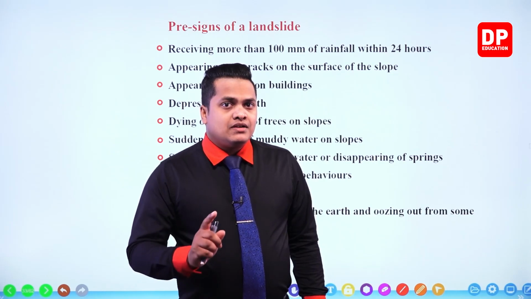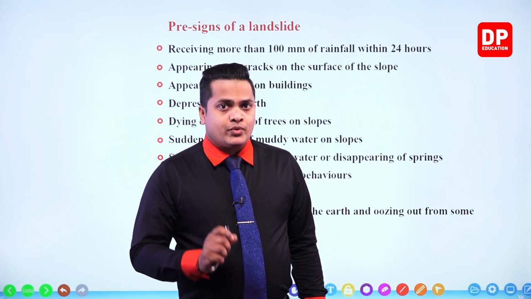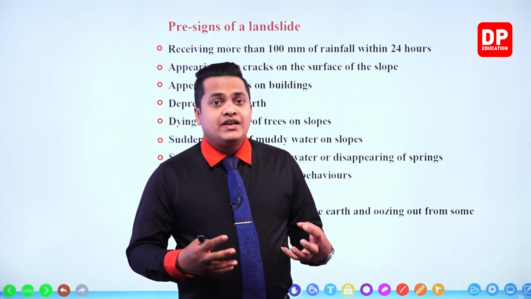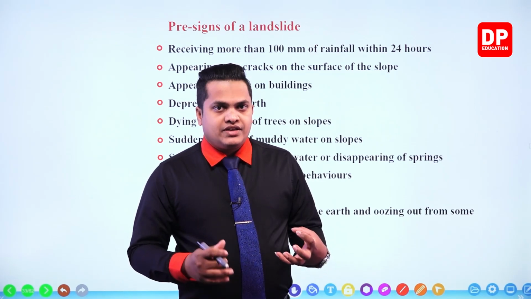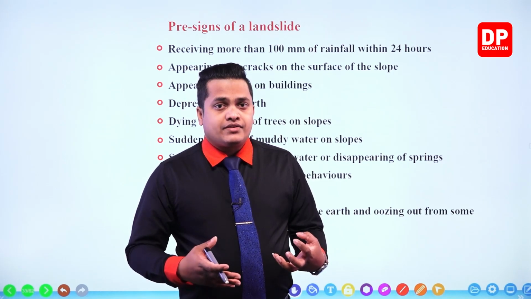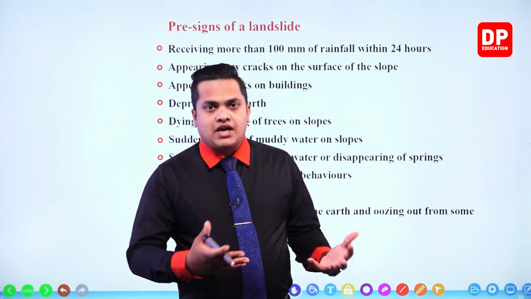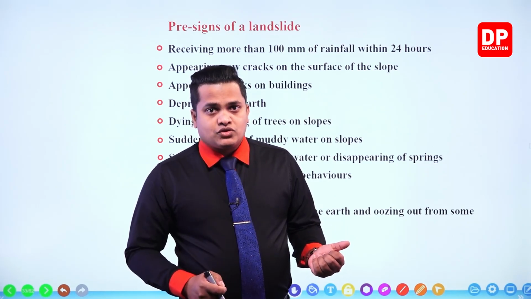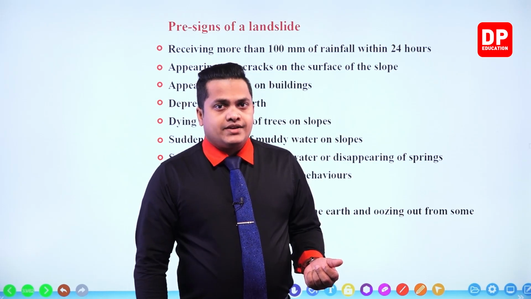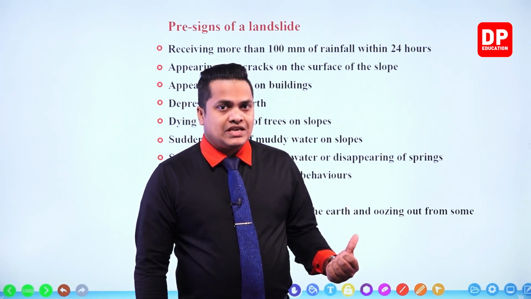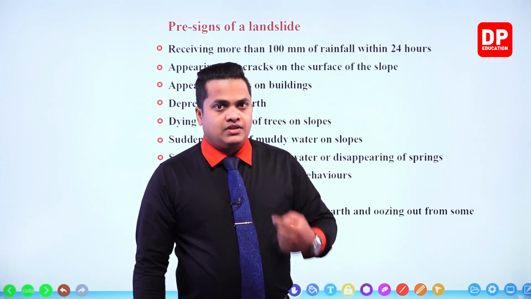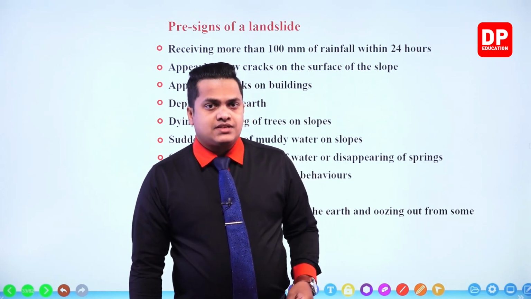So slanted trees appear, and sometimes trees may dry out, leaves will fall down, and they will die suddenly. In those cases also, my dear children, there is a pre-sign of a landslide. So if you can observe those signs, be very careful with the land, because there can be a landslide.